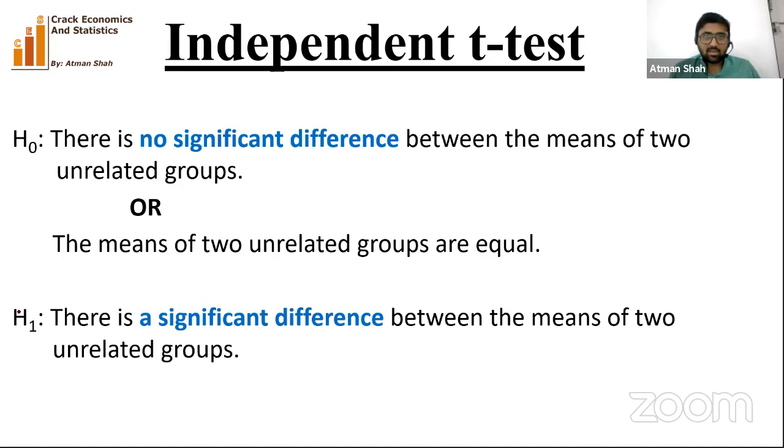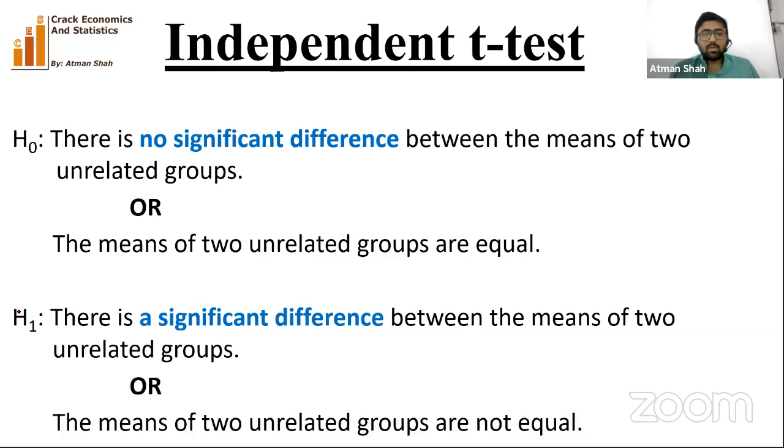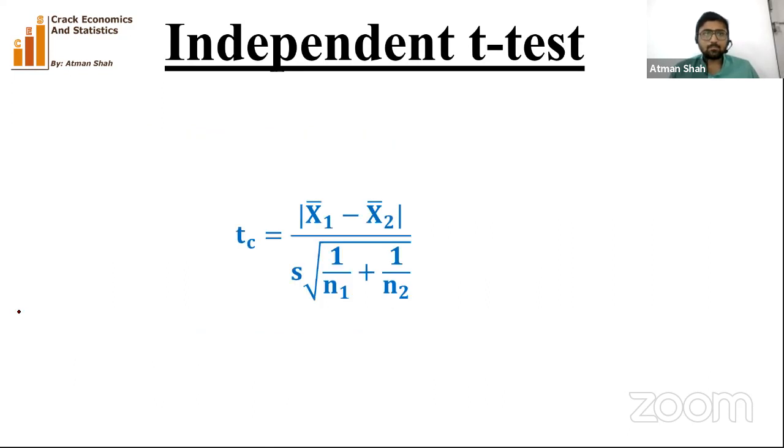H1, the alternative hypothesis: there is a significant difference between the means of two unrelated groups, which means the mean of one group or sample is significantly different from the mean of the other sample or group, or the means of two unrelated groups are not equal. So these are the null and alternative hypotheses of the independent samples t-test.